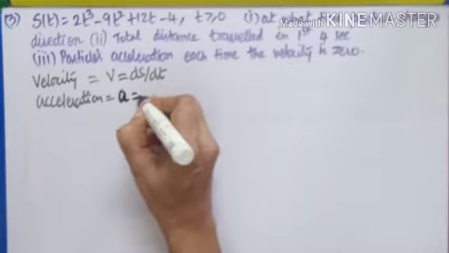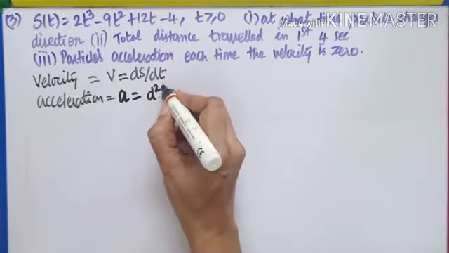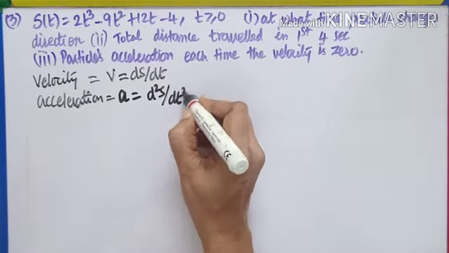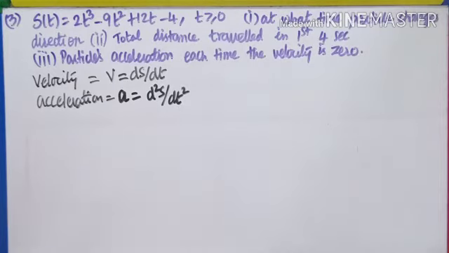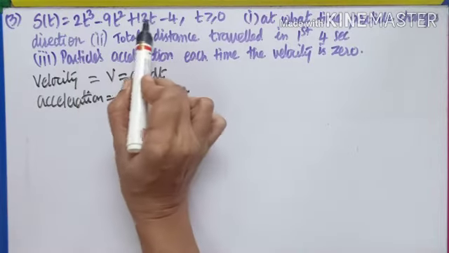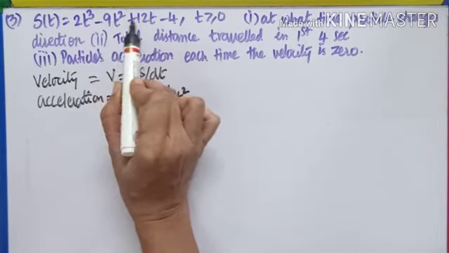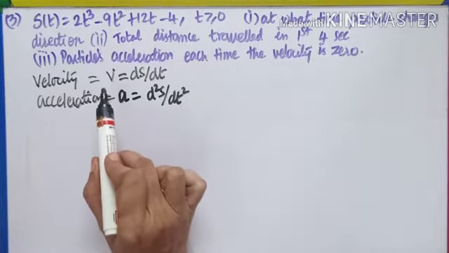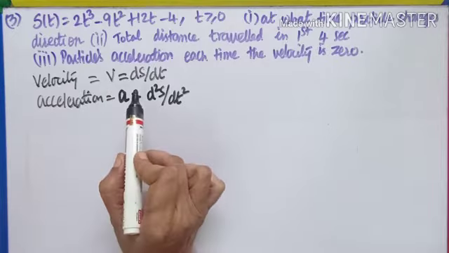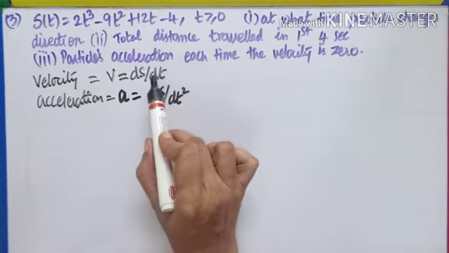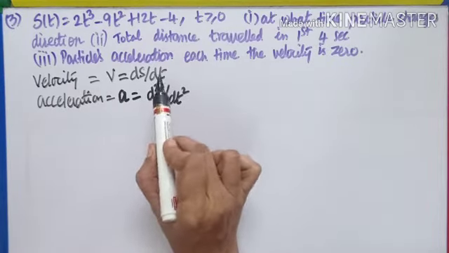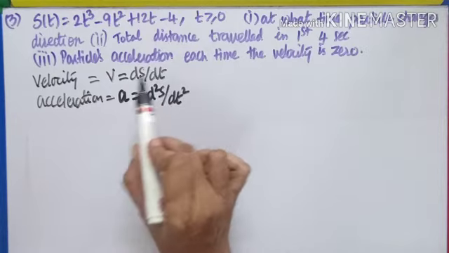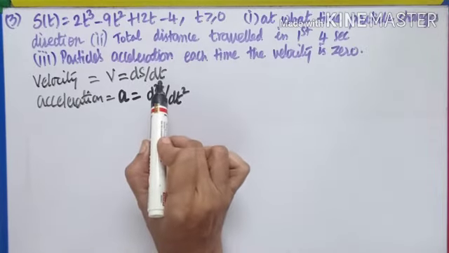Acceleration, let us mark A, it is the second derivative d square s by dt square. So first time I differentiate distance, rate of change of displacement we call velocity. Whenever you come across rate of change of in the definition, differentiate with respect to t. The word rate tells me differentiate with respect to time.